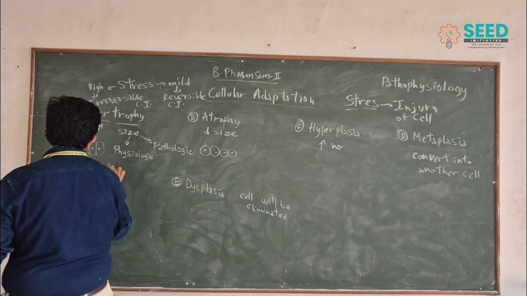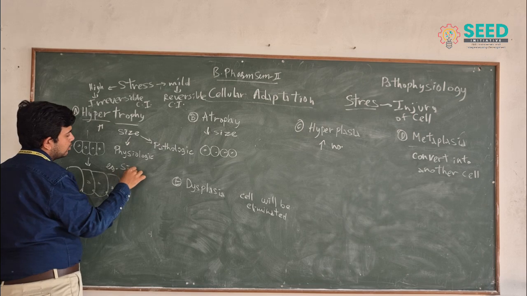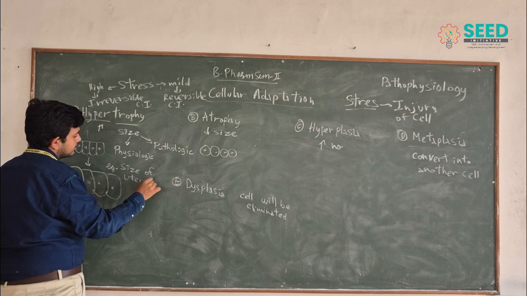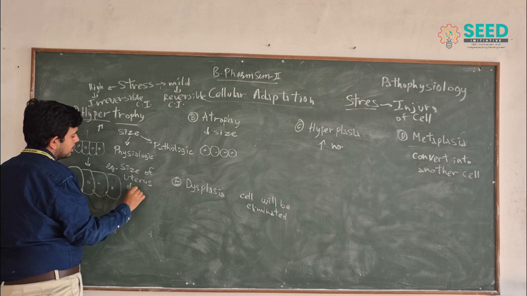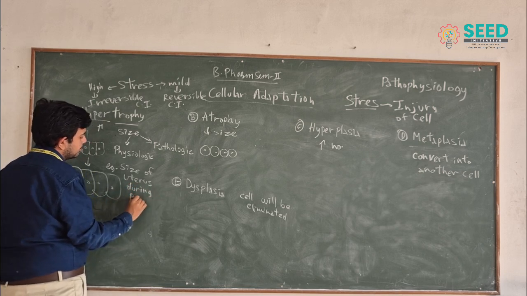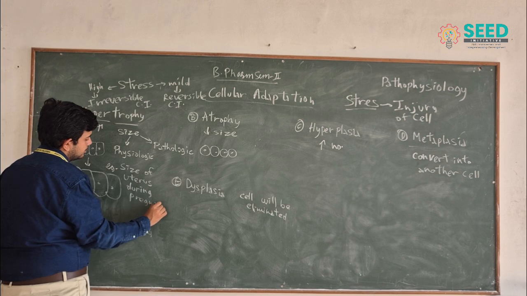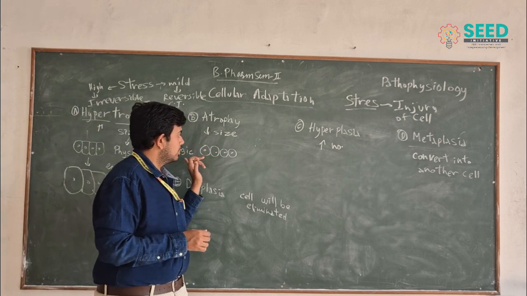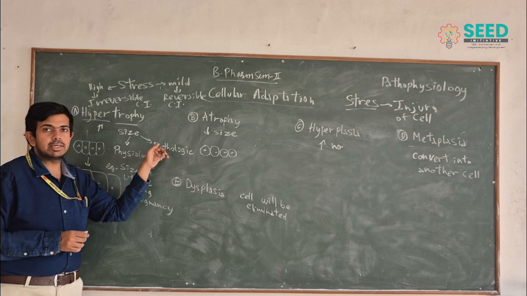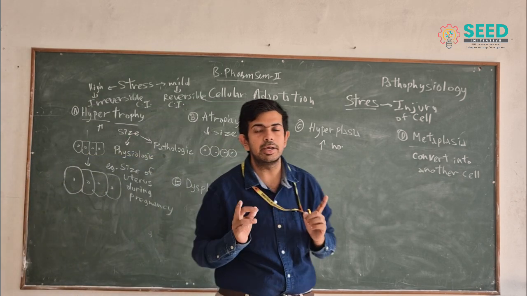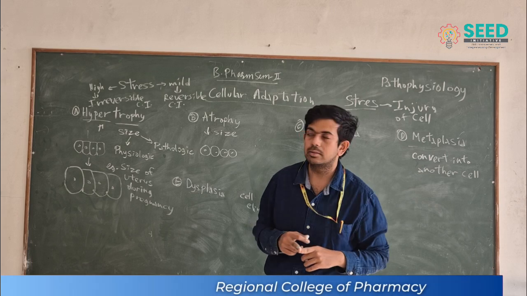Example is size of uterus during pregnancy. Pathological condition means that some disease occurs that results in increment of cell size.